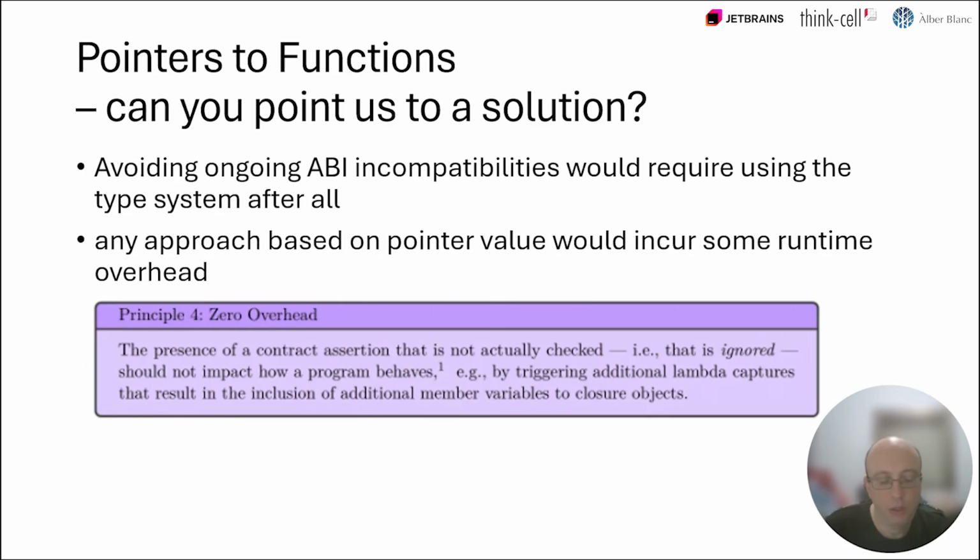So not only would any function pointer that we would add a contract to be ABI incompatible with its previous version, it would now be a new kind of function pointer, a wide, a fat kind of function pointer with additional information, which obviously would be incompatible with regular function pointers.